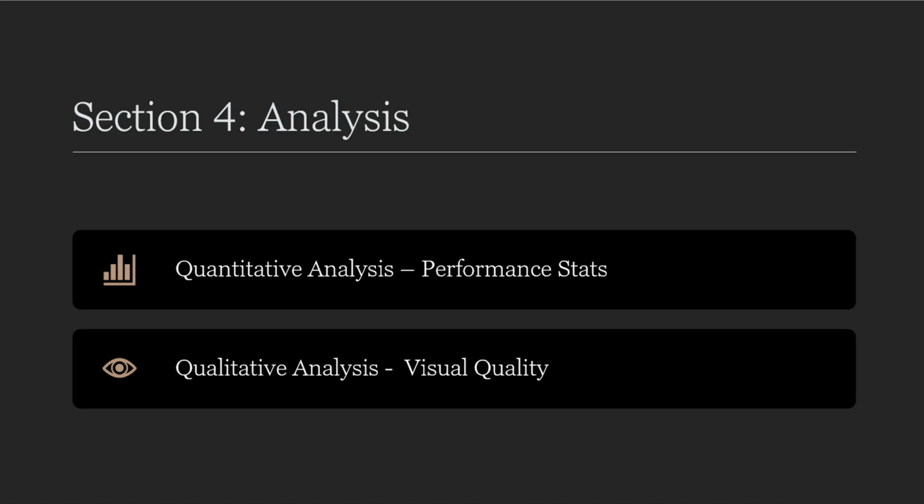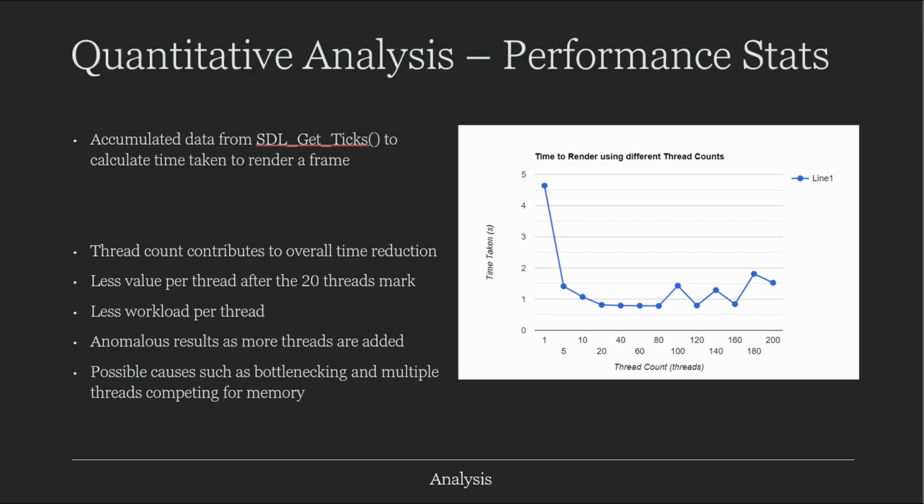In this section, I'll talk about the analysis of my performance stats and visual quality for my program. For my performance stats, I decided to calculate the time it takes to render the scene with different threads. I used functions such as SDL_GetTicks to keep track of the time it took for the program to render onto the screen and recorded the time to be plotted onto the graph. As you can see, only one thread makes the program take a considerably long time compared to larger numbers.